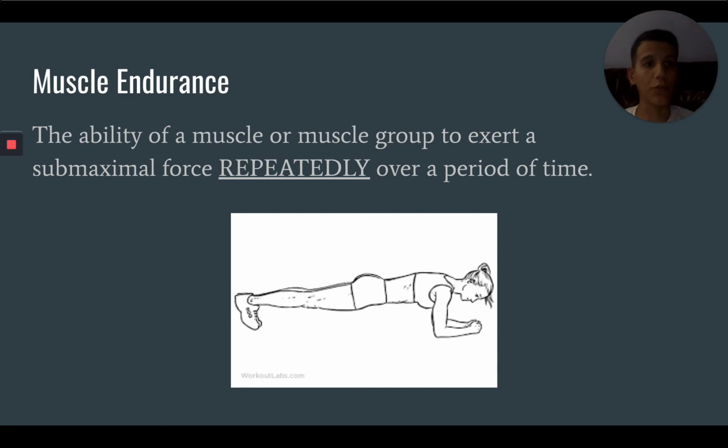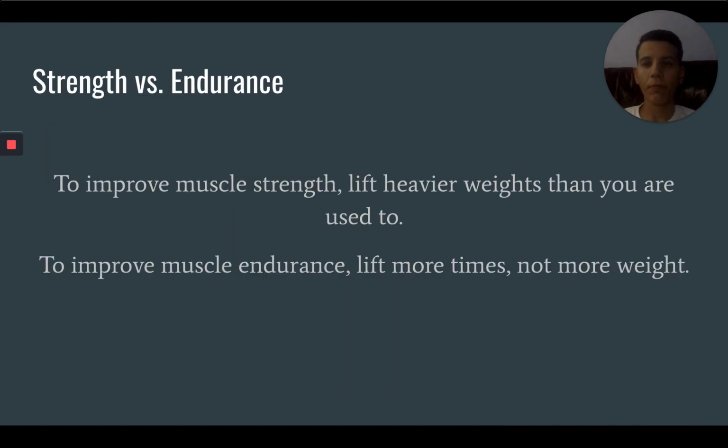That means that you've built muscle endurance in those muscles. So strength versus endurance. To improve your muscular strength, you have to lift heavier weights than you're used to. To improve your muscular endurance, you have to lift more times or for a longer period of time, not heavier weights.